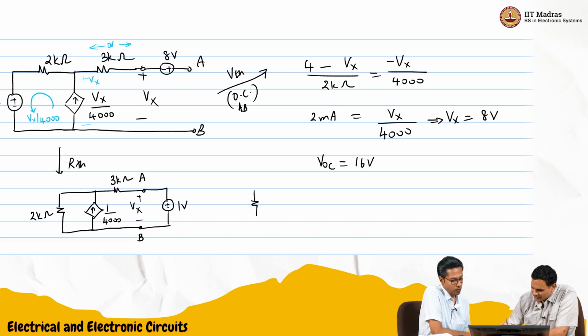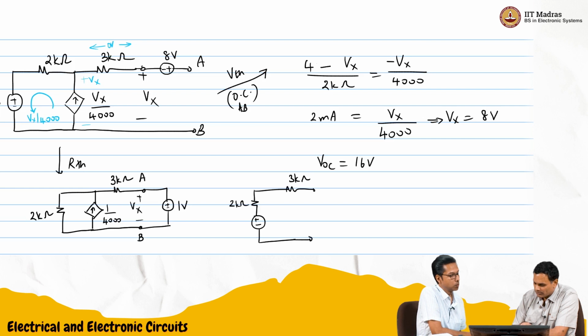The current through this is flowing like this, so it should be plus and minus, correct? 3K, and this will be 2 kilo ohms and you have another 3 kilo ohms. And this would be 2K into 1 by 4000, so 0.5 volts.